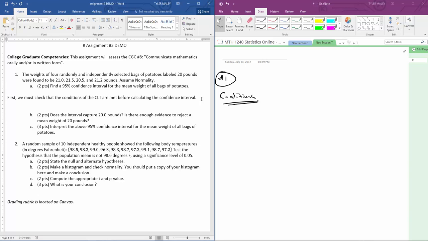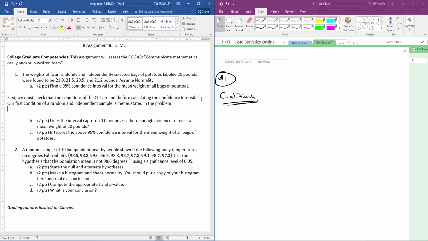We're told that we have 4 randomly and independently selected bags of potatoes, so our first condition of a random and independent sample is met as stated in the problem. We were given that.